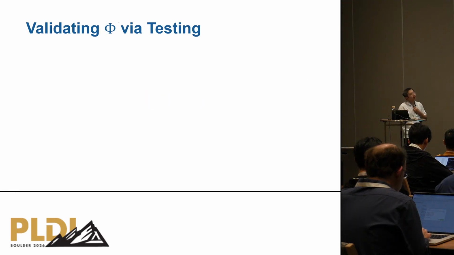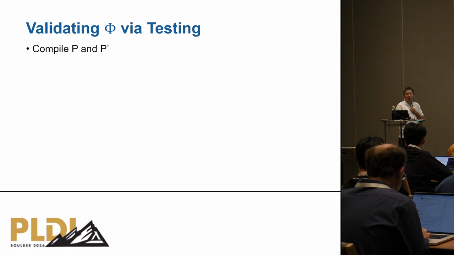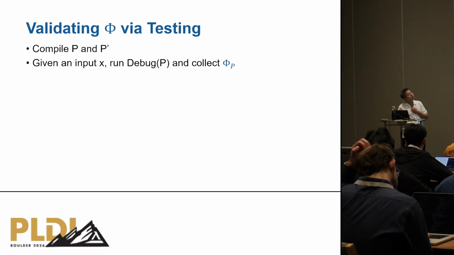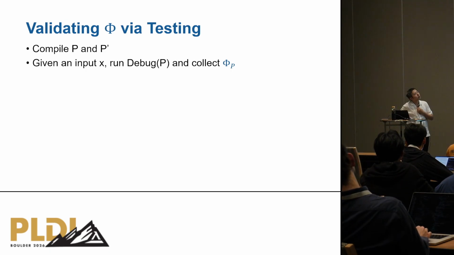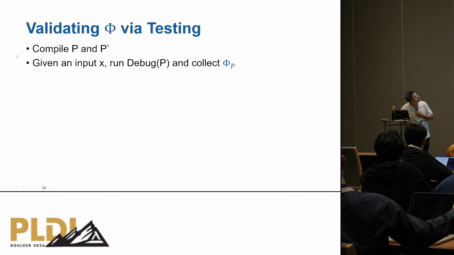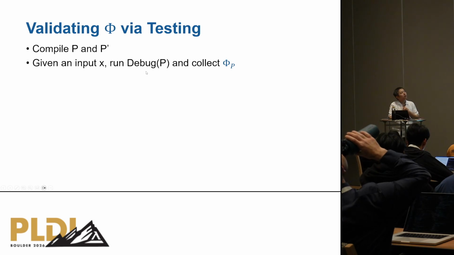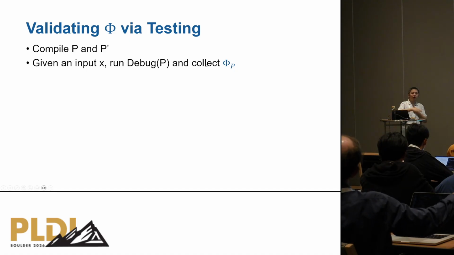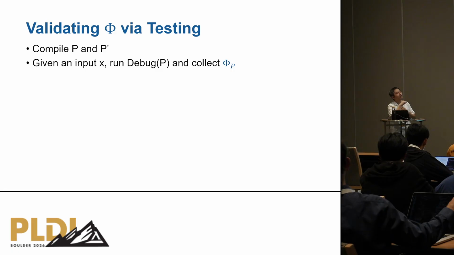So in the past, how did we do it? This is a standard testing problem. To make sure that one set is a subset of the other, we have a program P, and we compile and optimize it to obtain P prime. Then it is testing: we generate some random inputs and run the program P in a debugger. We set breakpoints, and therefore we can collect a set of locations that are stoppable in the original program.